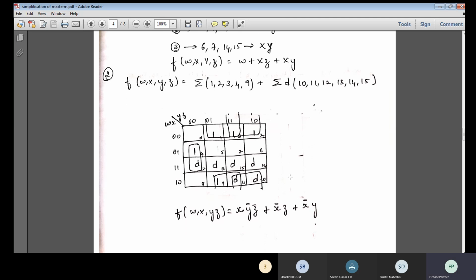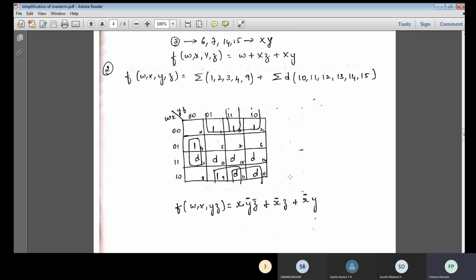Next, f of wxyz is equal to summation 1, 2, 3, 4, 9 plus summation don't care terms 10, 11, 12, 13, 14, 15. So I'll be placing 1 in cell numbers 1, 2, 3, 4, 9, and I'll be placing D, that is don't care terms, in cell numbers 10, 11, 12, 13, 14 and 15.